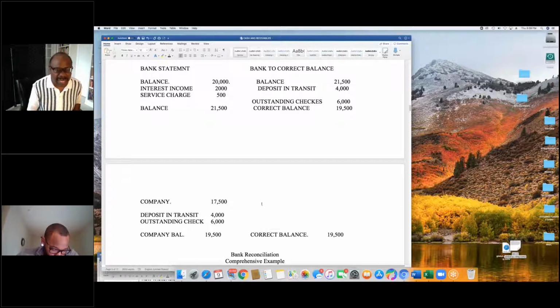To get that balance, we're going to take the interest income that's on the bank's books, which is 2,000.